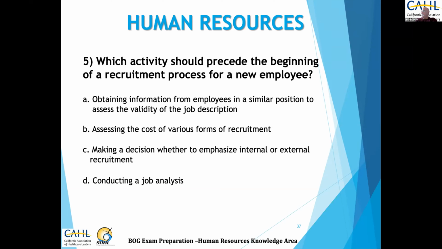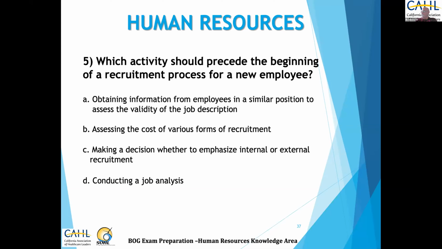Asking employees about the validity is something you ought to do regularly, to evaluate whether your positions are good, but I don't know if that's necessarily part of the recruitment process, more ongoing. Assess the cost, no, that's not going to tell you anything until you've decided to hire someone, then you can figure out how to recruit them.